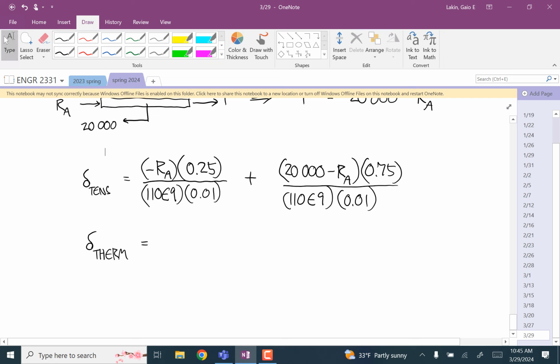So that's the coefficient of thermal expansion times the length times the change in temperature. And so we get negative 5.0 times 10 to the minus 4, I think, right?